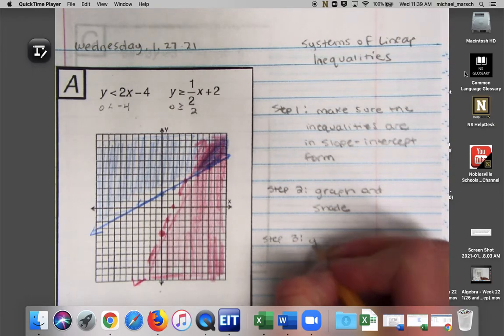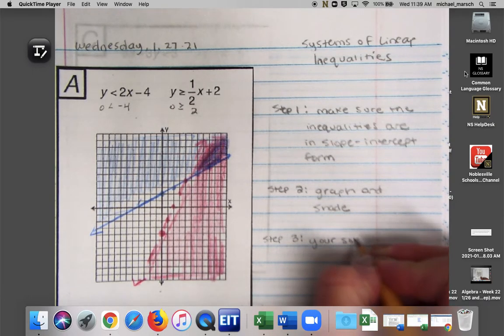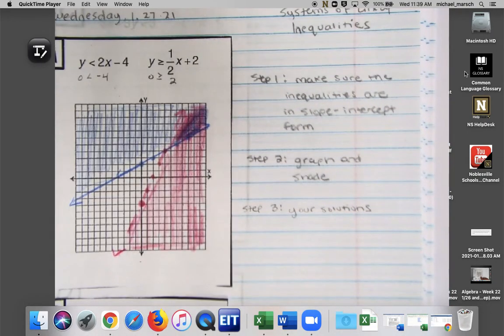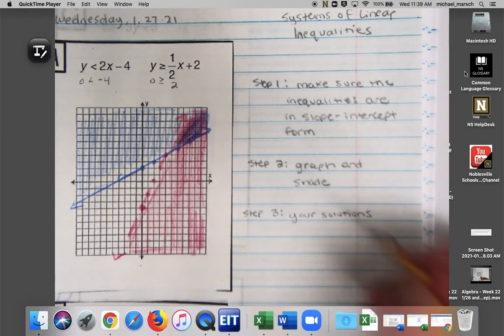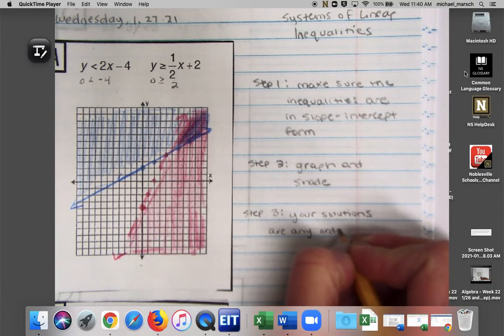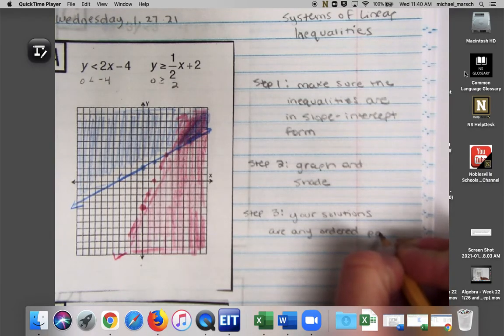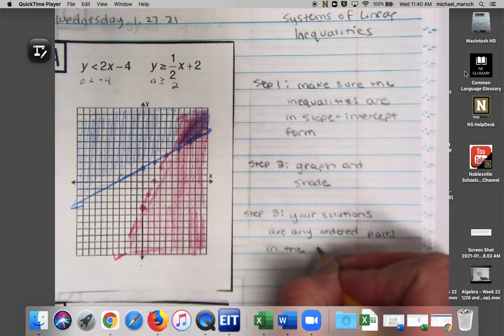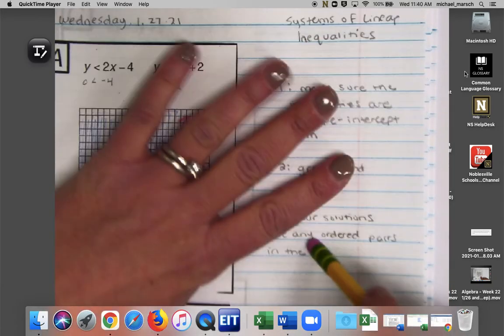Okay, so your solutions, notice we have multiple solutions because these are inequalities after all, are any ordered pairs in the double shaded area.